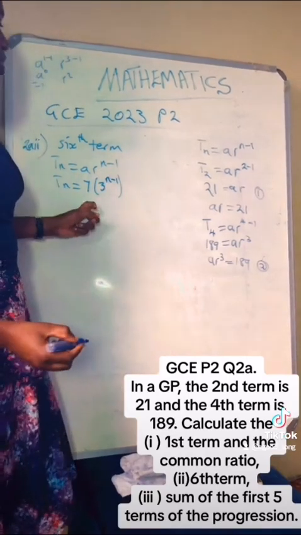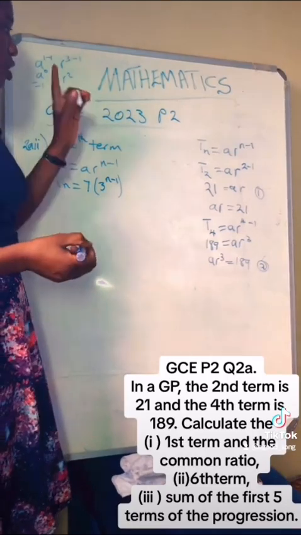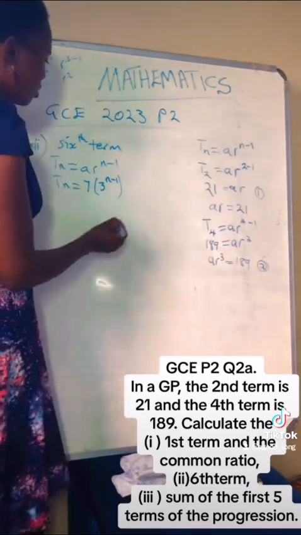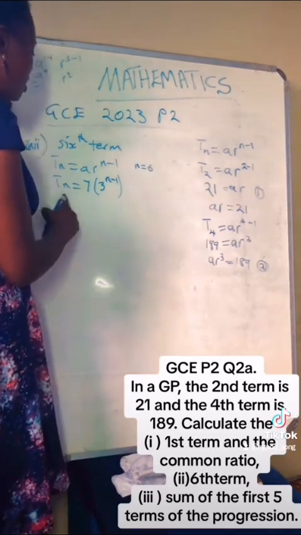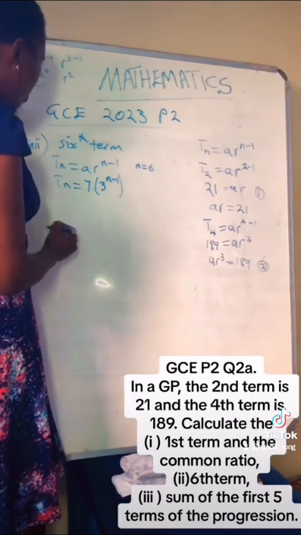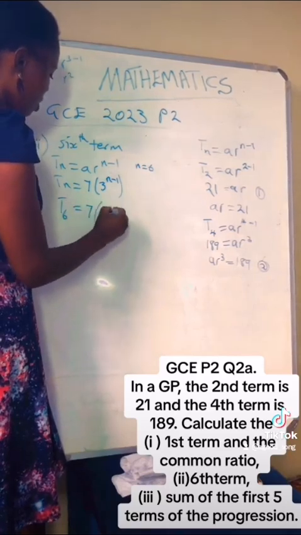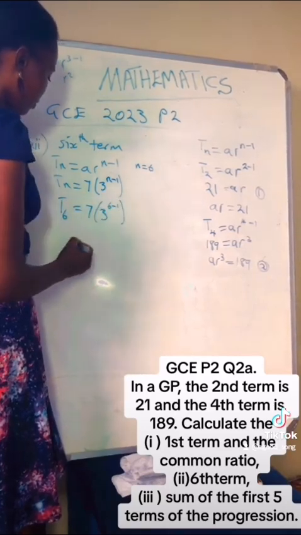So this is the formula for finding the nth term in the sequence that we are dealing with. To find the 6th term, I'll simply make n to be 6 and then substitute in this equation. So T6 equals 7, 3 to the power 6 minus 1.